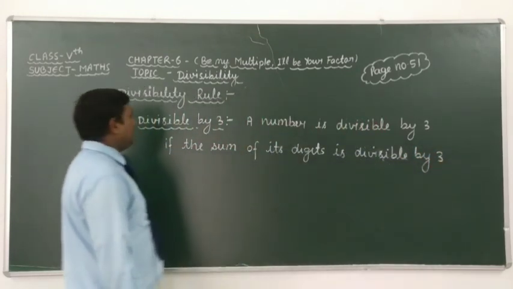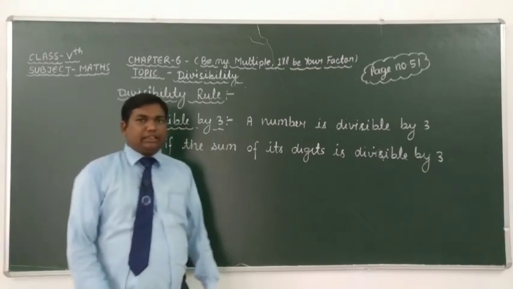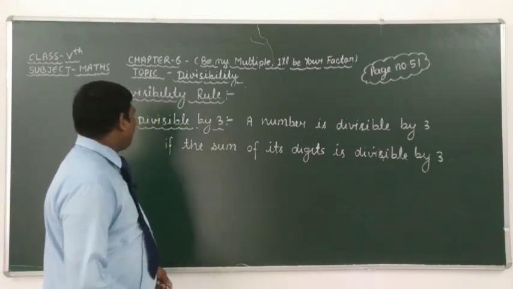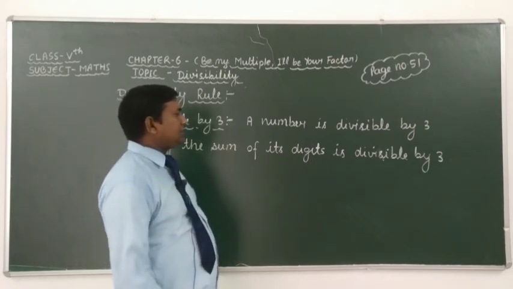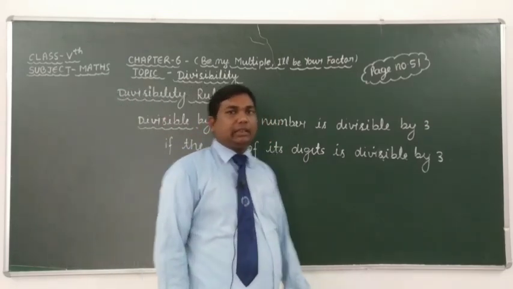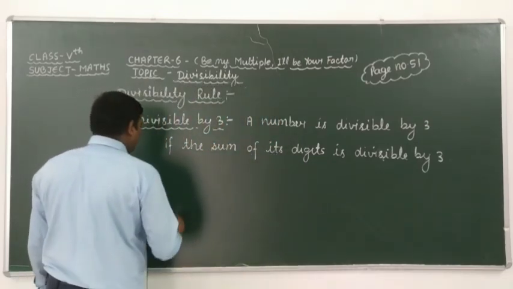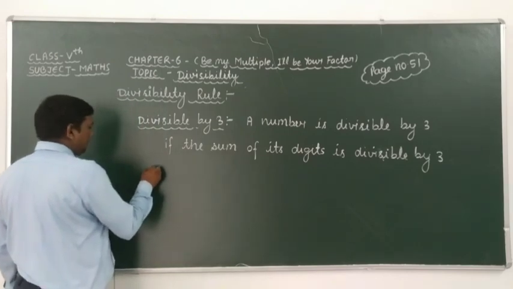Okay, friends, a number is divisible by 3 if the sum of its digits is divisible by 3. Okay, now let us take another example.